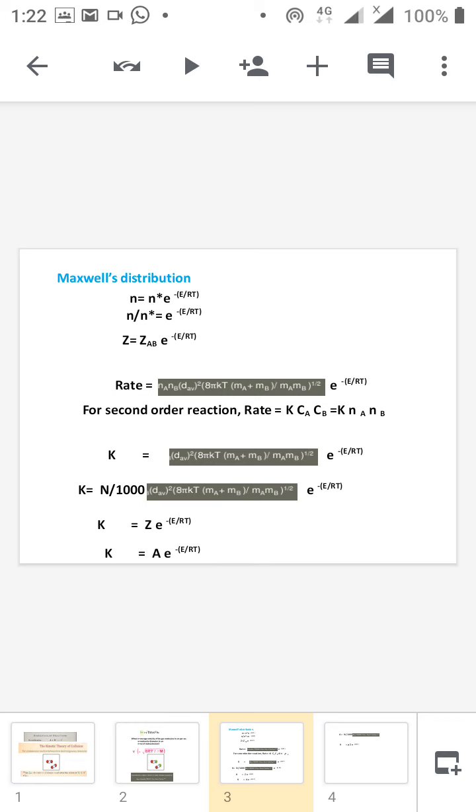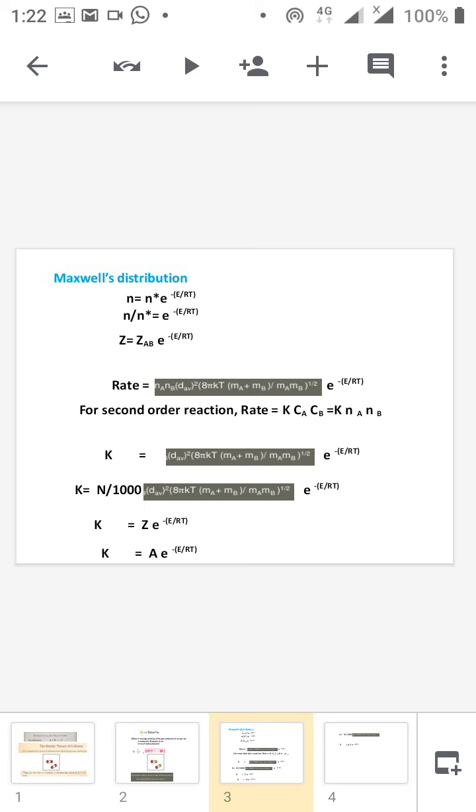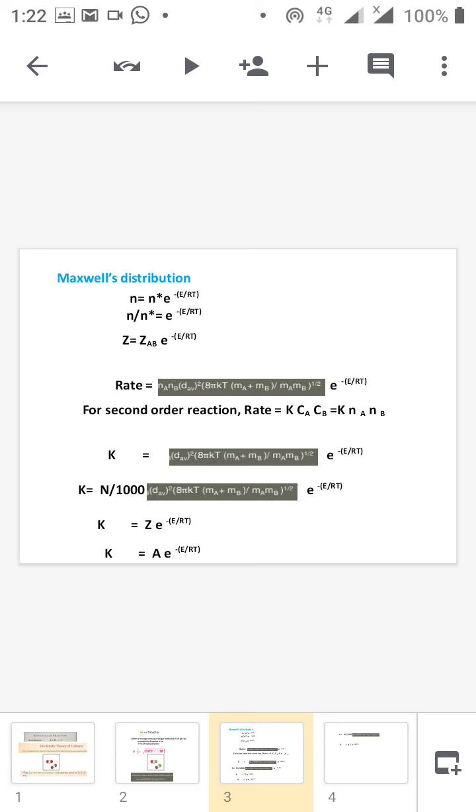We know that usually K is represented in terms of moles, so we have to convert this equation for an Avogadro number of molecules. So the equation is multiplied by N divided by 1000. We multiply by N because we are converting the equation to number of moles, and divide by 1000 because 1000 is in terms of liter.